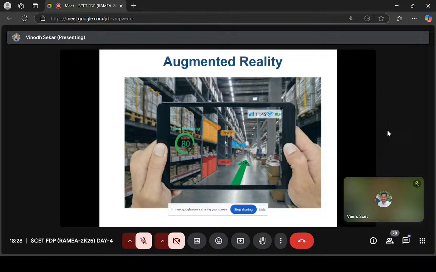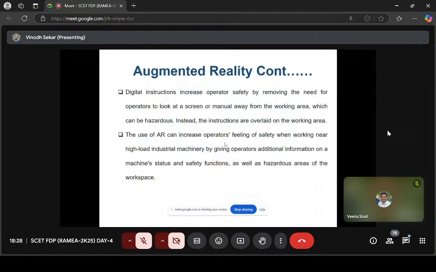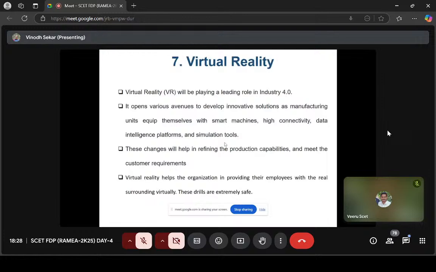And no longer do we use the manual way of accessing the manuals, but through these digital approaches. The complete maintenance history, and also the various catalogs and the standards, everything could be interfaced to an AR-based system. They provide a highly interactive experience for the workforce to take ahead with the deployment.